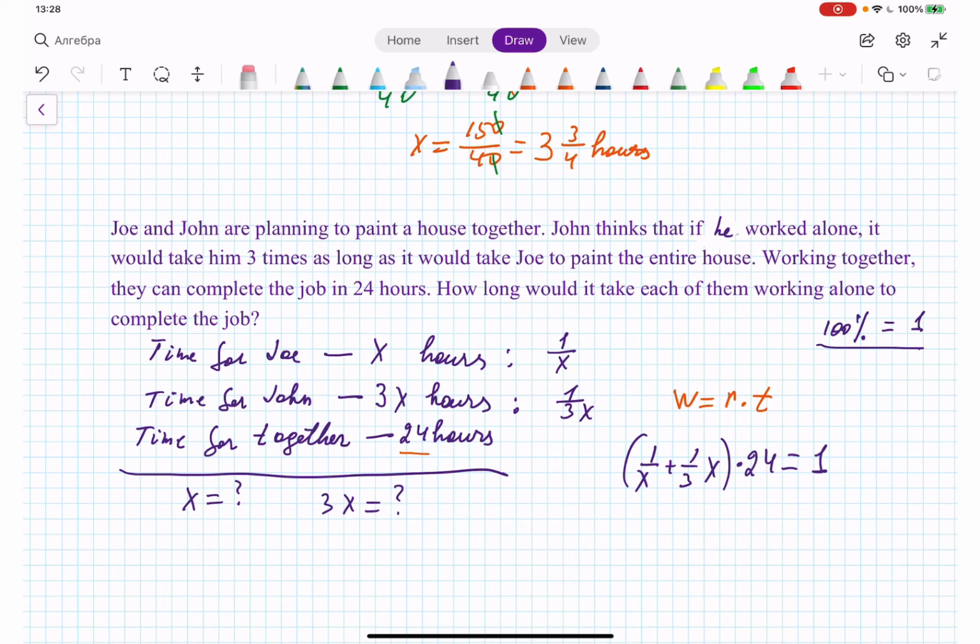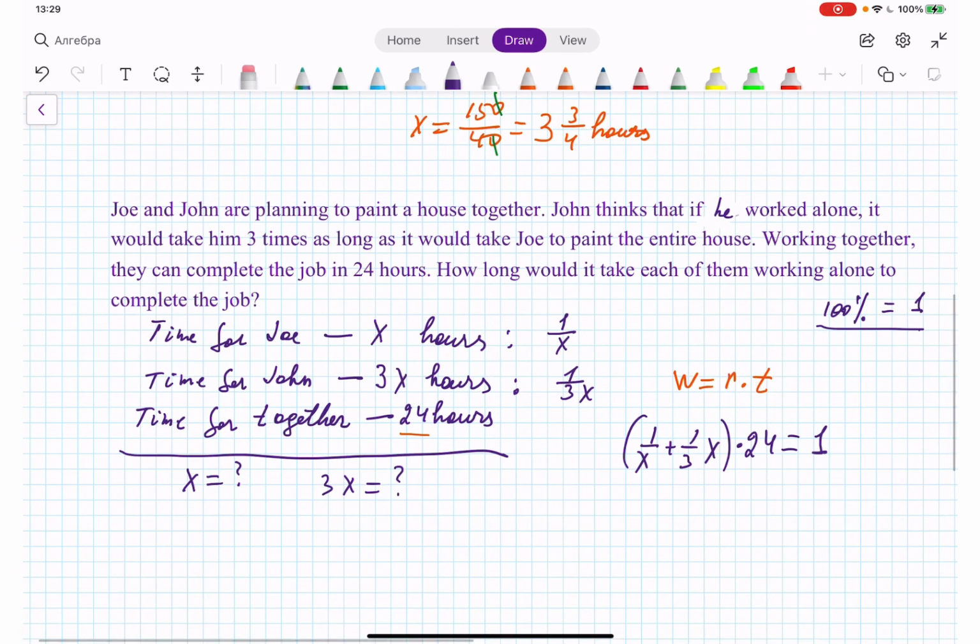So from here, let's multiply: 24 over x plus 24 over 3x, I'm sorry, this is supposed to be in the denominator, equals 1.